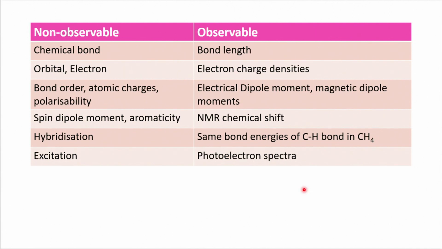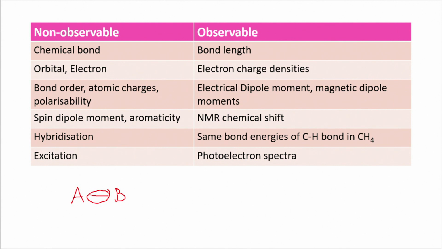In order to have a better understanding of chemistry, we need to know the difference between what is non-observable and what is observable. When we draw a chemical bond, we often write a line or rod. Let us say we have an atom A and this is having a bond with atom B. This particular line we draw is called the chemical bond.